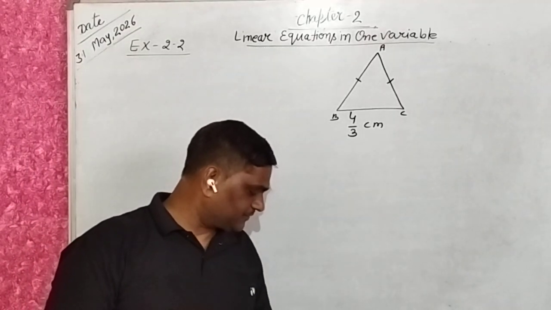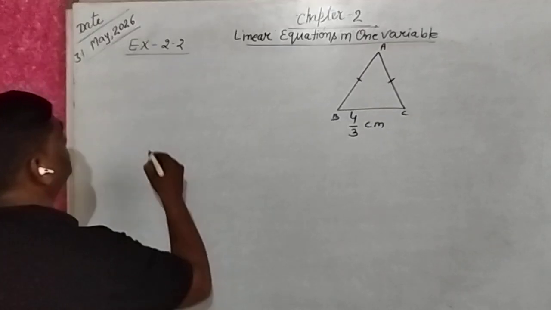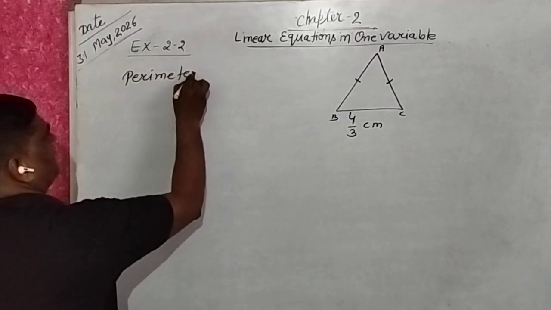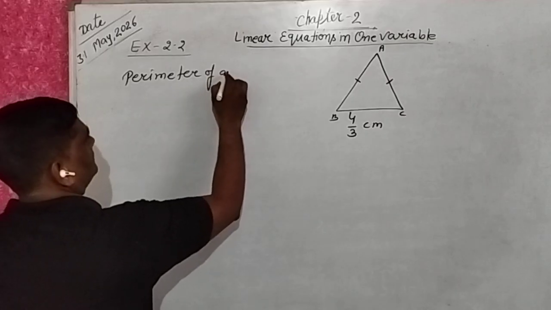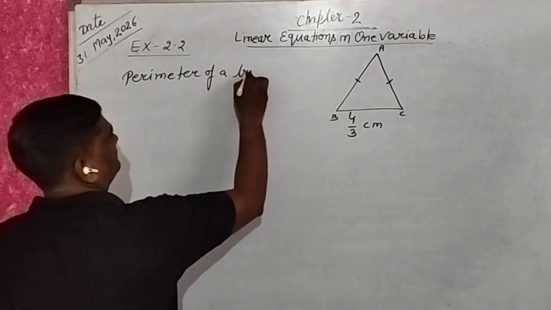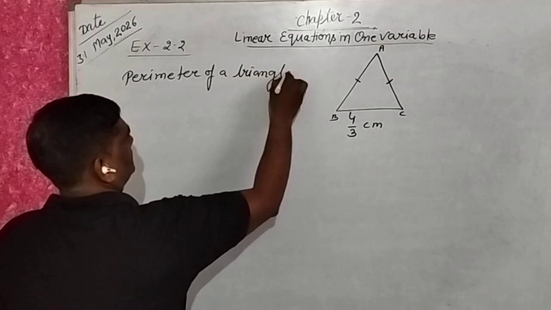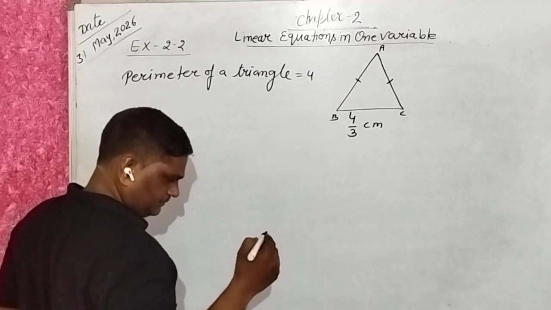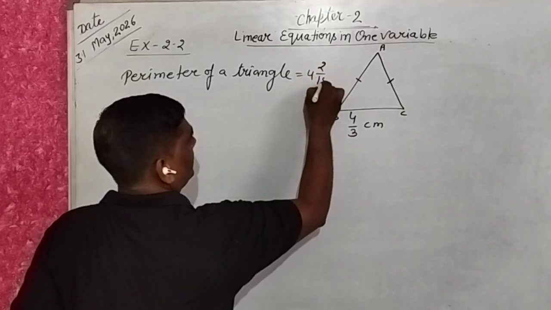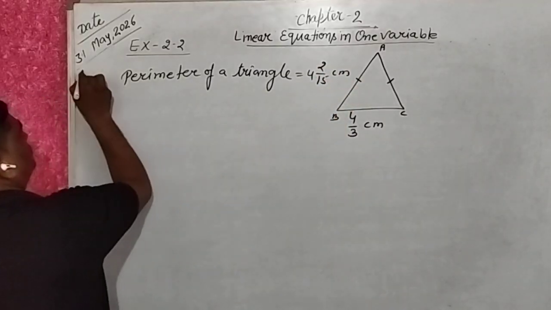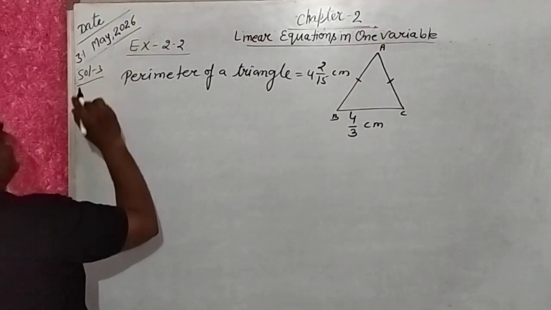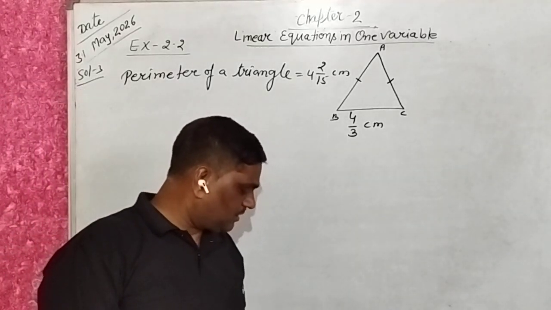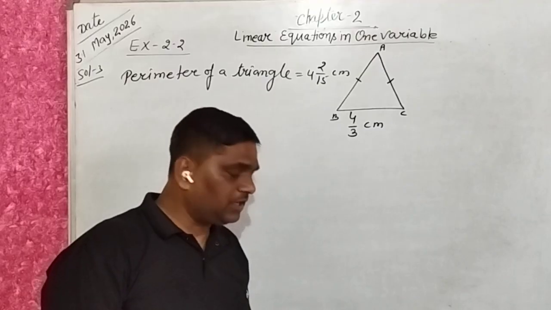The perimeter of the triangle is 4 2/15 centimeter. Question number 3: what is the length of either of the remaining equal sides?